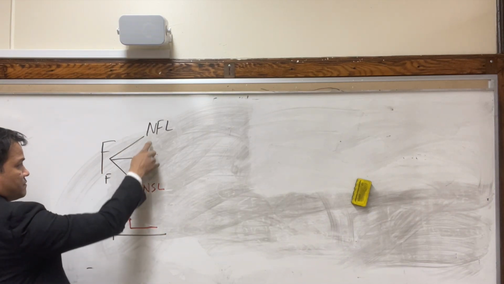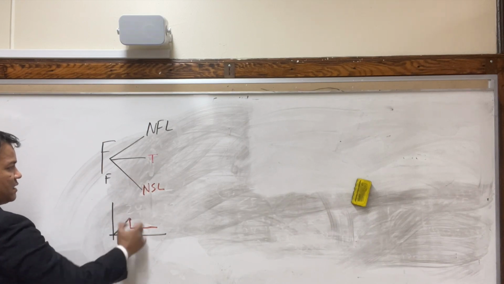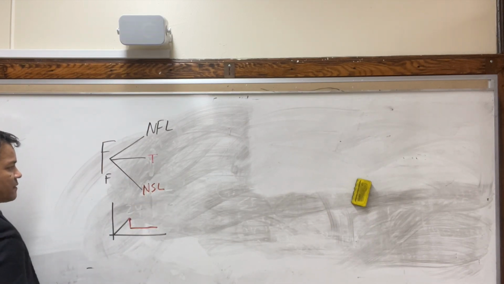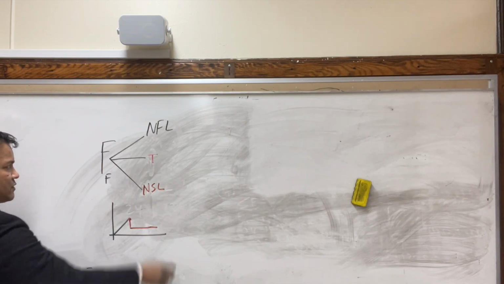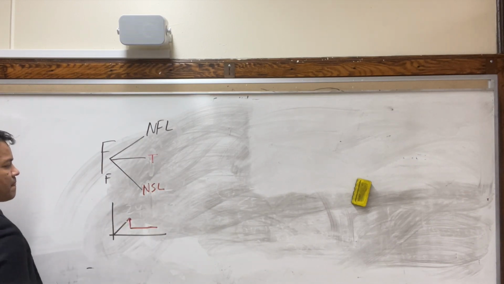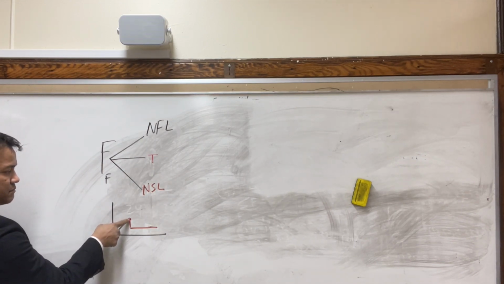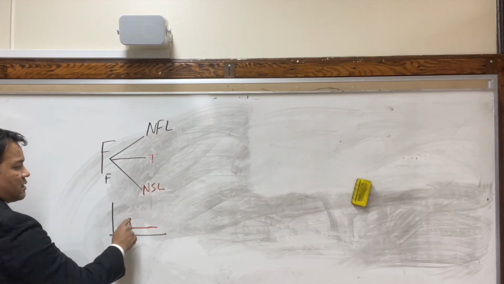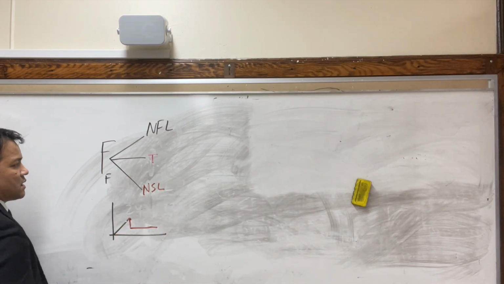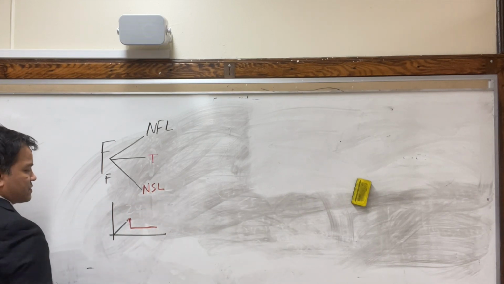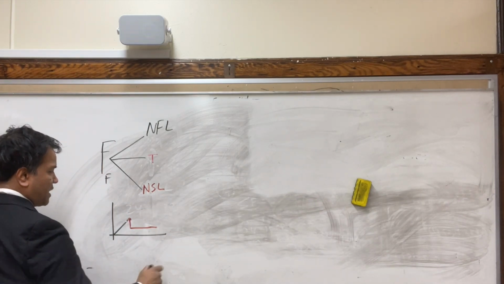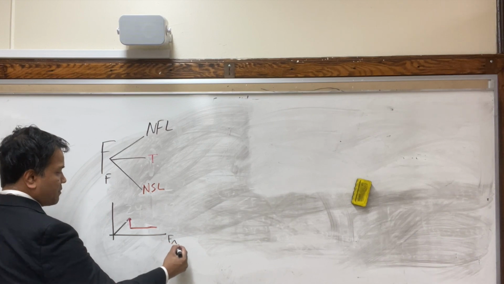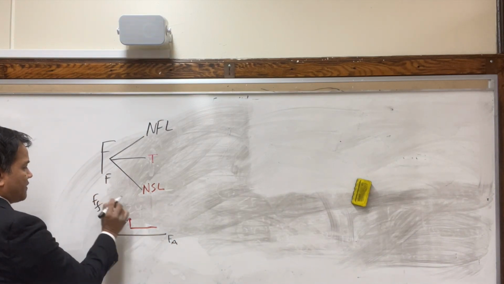Newton's first law, diagonal line including the peak; transition, the vertical line including the peak; Newton's second law, the horizontal line. Remember, F applied, F.